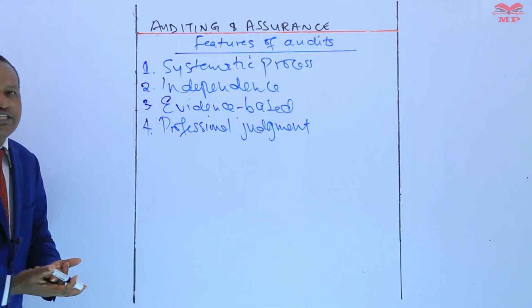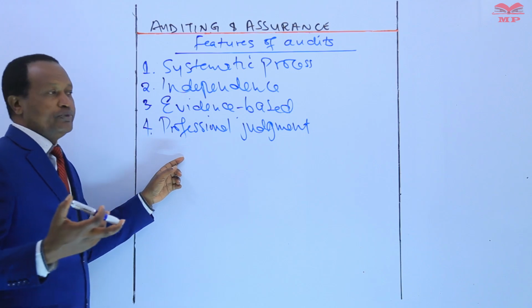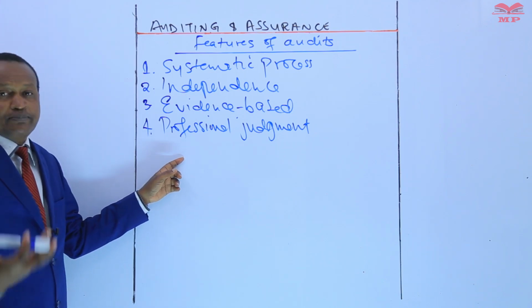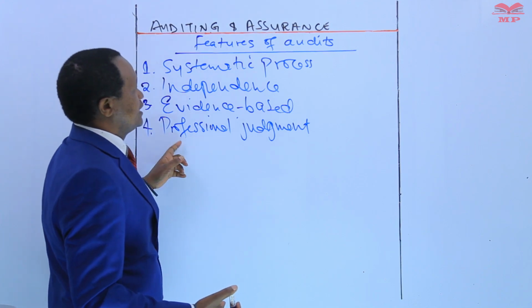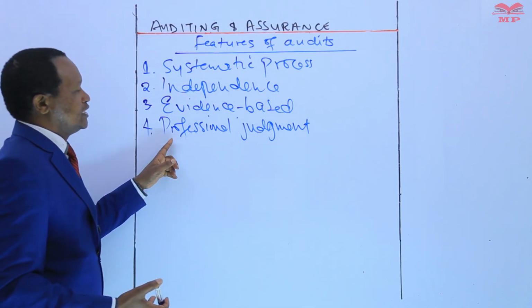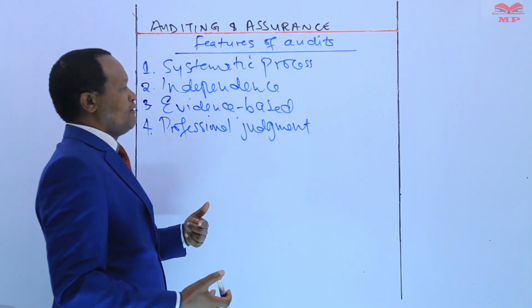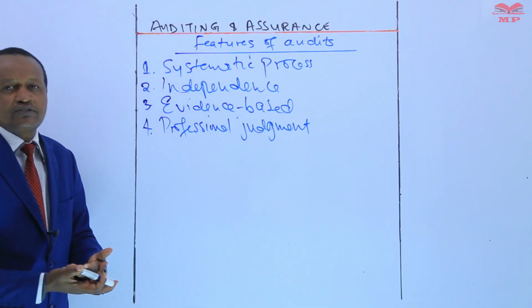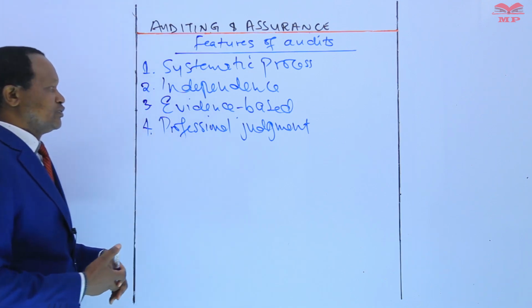That requires a combination of technical expertise, experience, and also ethical considerations. So in carrying out their function, auditors have to rely on their professional judgment, which is derived from their experience, their technical expertise, and ethical considerations.